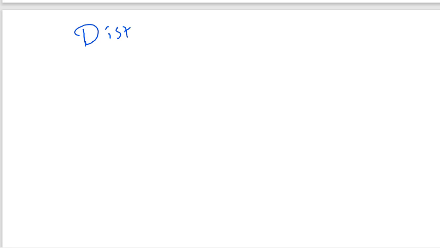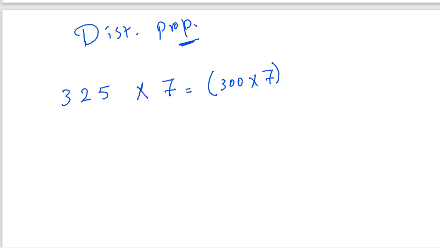The distributive property, when we have a number like this, 325, and we need to multiply this number by 7, we can multiply it like this. 300 multiplied by 7 plus 20 multiplied by 7 plus 5 multiplied by 7. So I break the big number into 300 plus 20 plus 5 and distribute this to the 7.